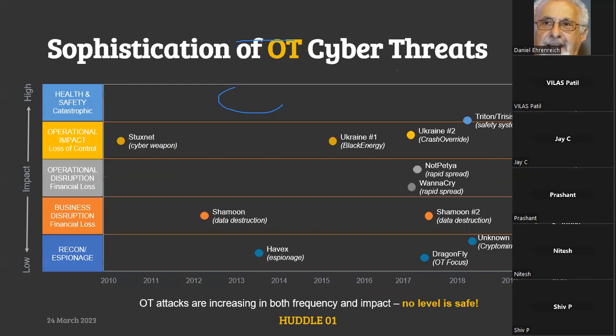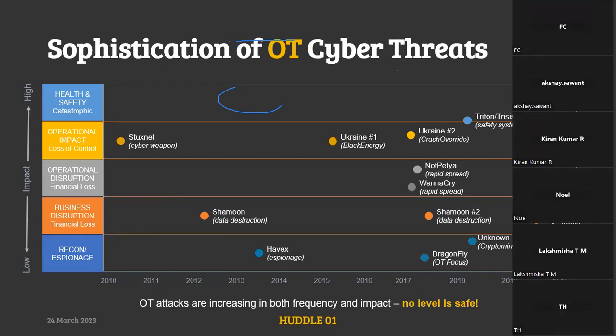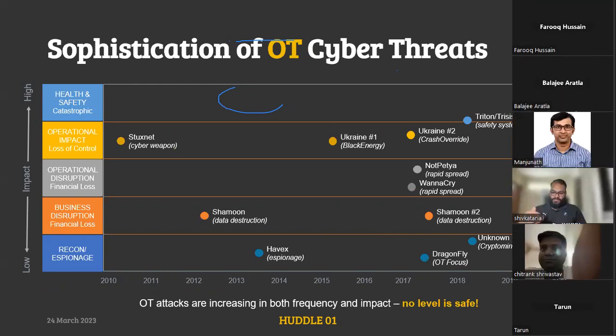Next slide, please. So the story here is that as attacks increase, the sophistication of attacks is also increasing. Earlier, the attack used to be an espionage attack, where the attacker really wanted to steal some information or proprietary information. Then a new attack came, which would disrupt the business. Then another attack that would disrupt the operation or cause financial loss. And the recent attacks are actually going to the safety level.